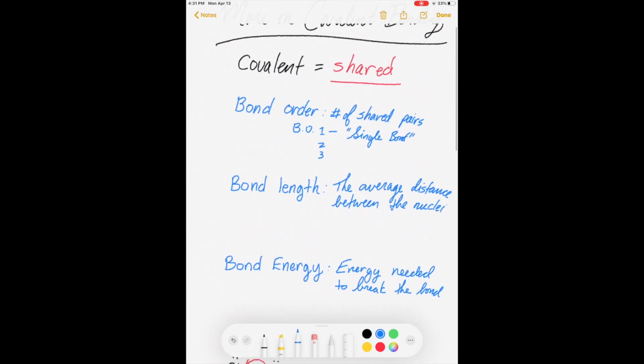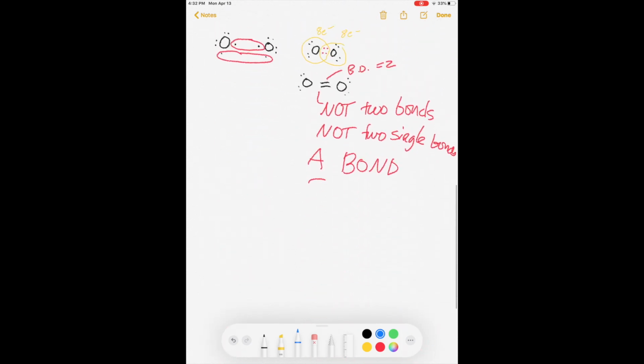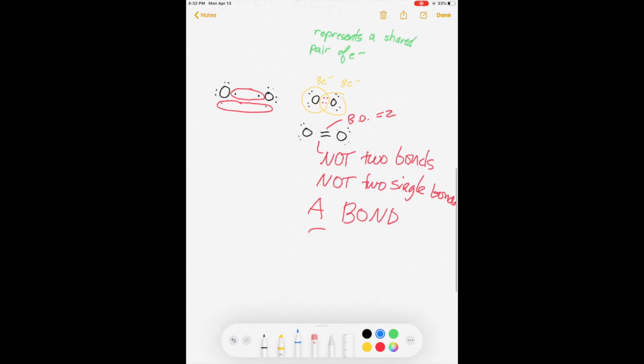So when we come back up here, this bond order of 2 is what we call the double bond. To be clear, that double doesn't mean there are 2 bonds. It means that it has a bond order of 2, but the double bond is still a bond. It just is made up of 2 shared pairs of electrons. So again, it is a bond.